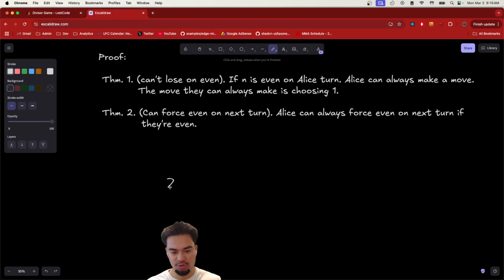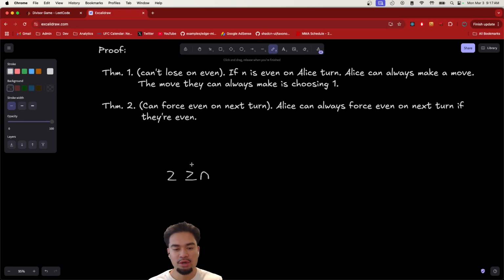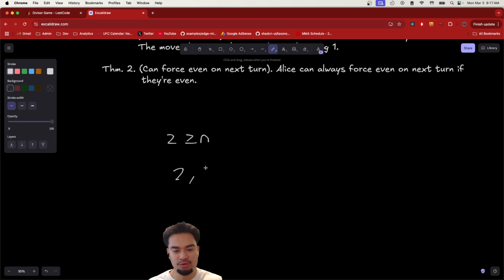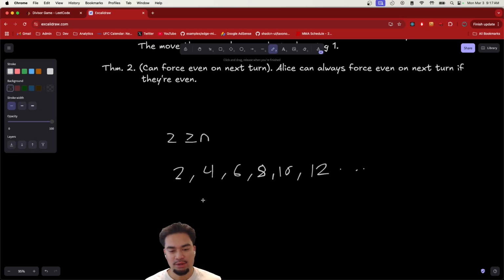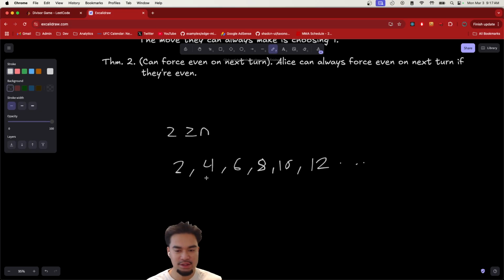So it has to be n is greater than or equal to 2. What are all the even numbers greater than 2? 2, 4, 6, 8, 10, 12, right? And so on. All of these are divisible by 1, because every number is actually divisible by 1. 1 divides every number evenly.